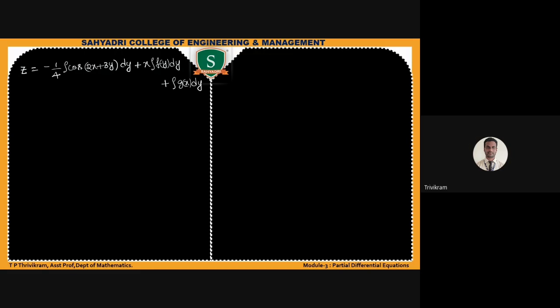Okay, so finally z is equal to minus 1 by 4 integration of cos 2x plus 3y. How much? This is nothing but sine 2x plus 3y divided by how much? 3.